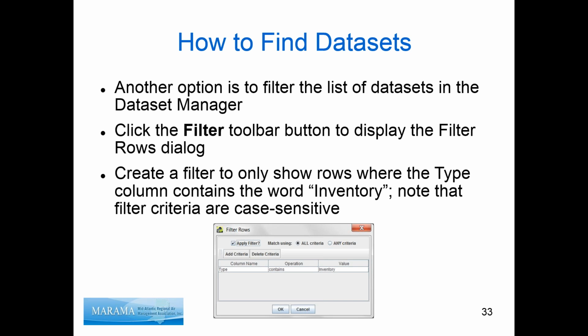I do want to mention this filter criteria, unlike the searching, is actually case sensitive because it's literally matching based on the values that are shown in the table. So if in this example we have inventory with a capital I, if it was a lowercase i, it wouldn't match anything because the data set types have inventory capitalized.